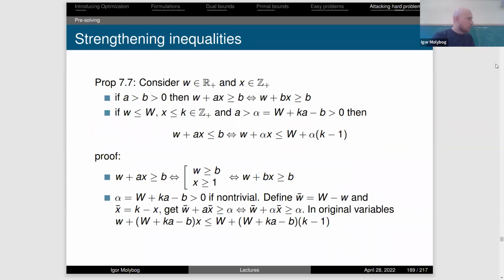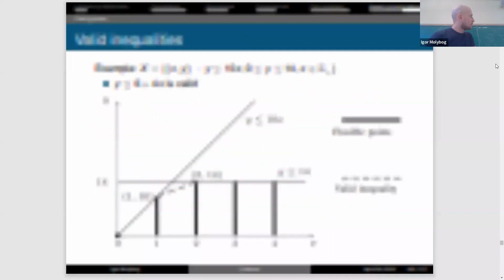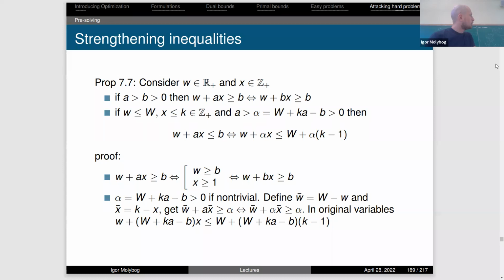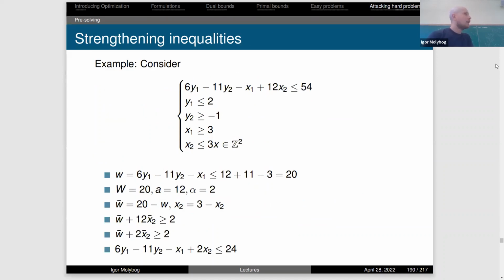They are a little bit more complex, but still they are an important example. I don't think that there would be any specific problems on the final regarding strengthening inequalities, but they still might be useful in some of the subtasks that might appear there.